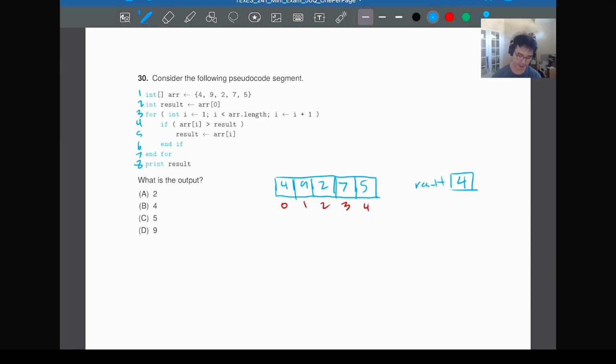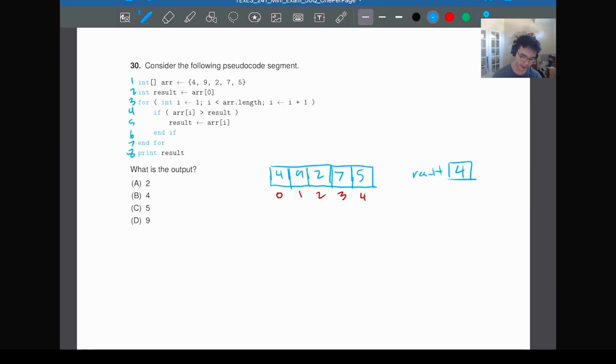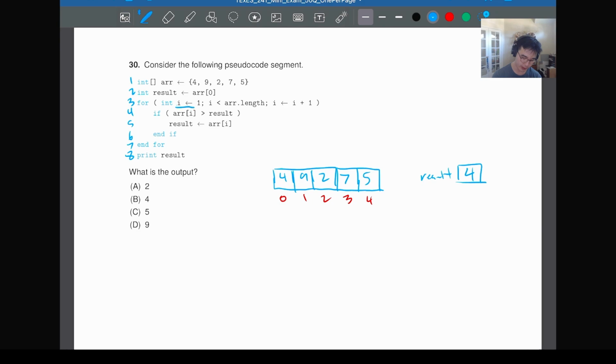And then we go ahead and loop through the array, starting at I is 1, going to the end, looking at each value. And what you're asking yourself is, is this value I'm currently looking at greater than what is currently stored in result? And if the value I'm looking at is greater than the value that is currently stored in result, I want to put that greater value inside result.